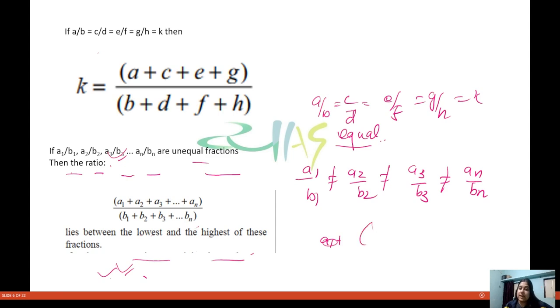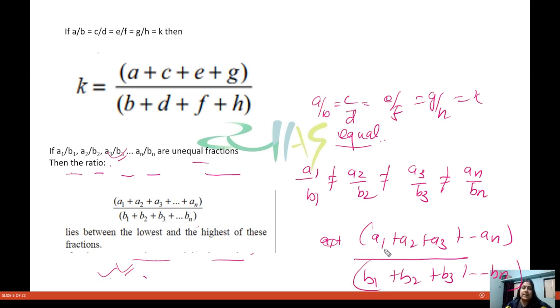So a1 plus a2 plus a3 dot dot dot an, and b1 plus b2 plus b3 dot dot dot bn. This addition will lie between the highest and the lowest fraction.